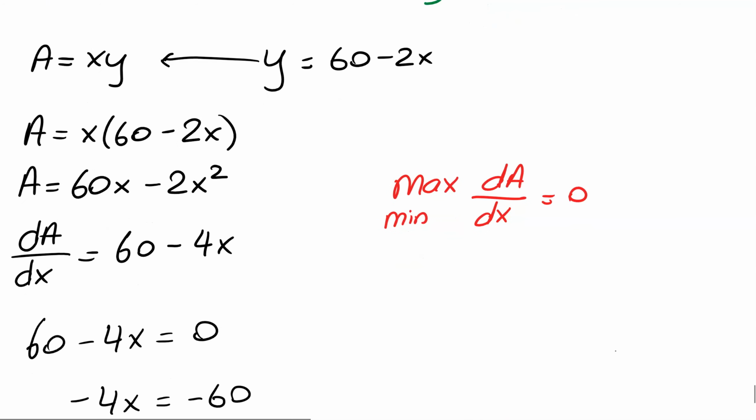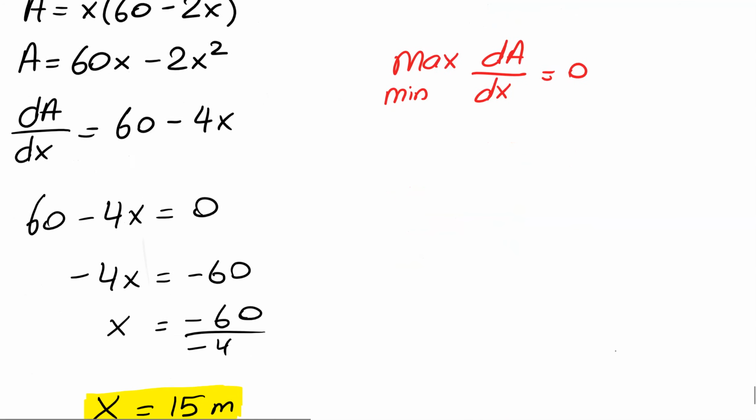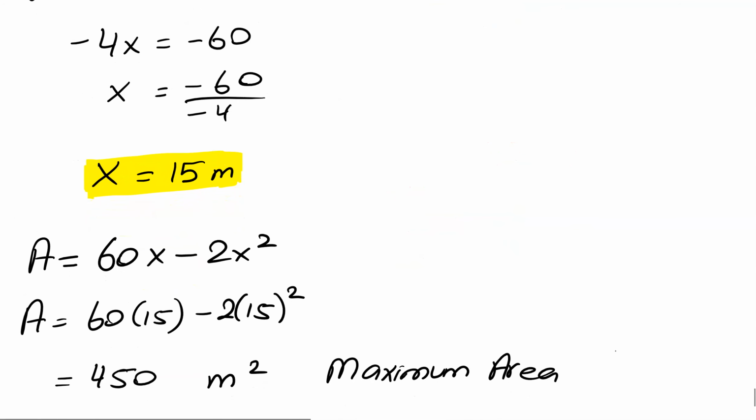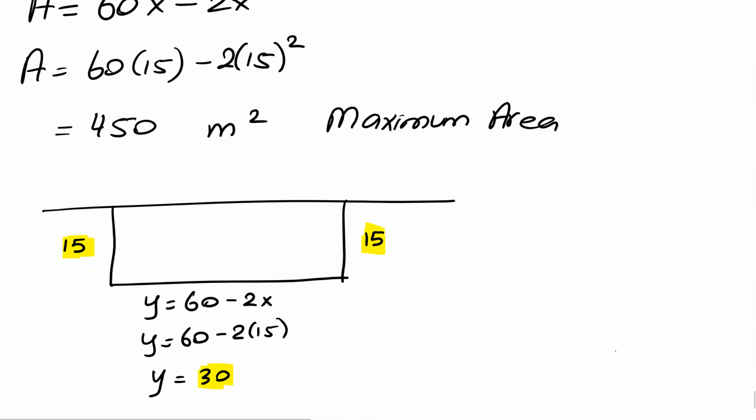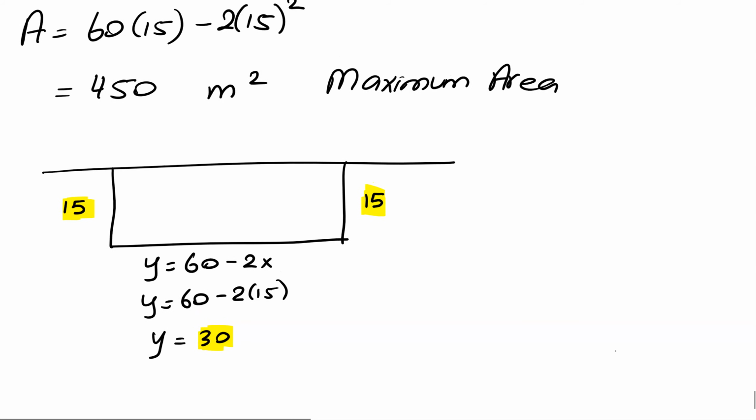You always have to remember to differentiate, make it equal to 0, find the value for x or whatever that variable is, and then substitute that into the original function to find the maximum area. And if you want, you can find the dimensions or lengths of the fenced off area based on your problem. That is how we go through and solve an optimization problem.